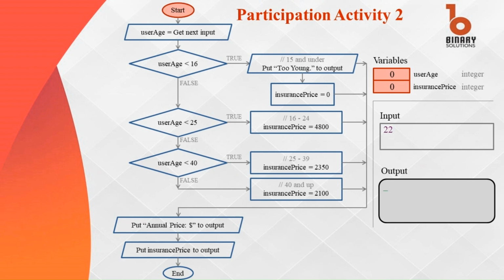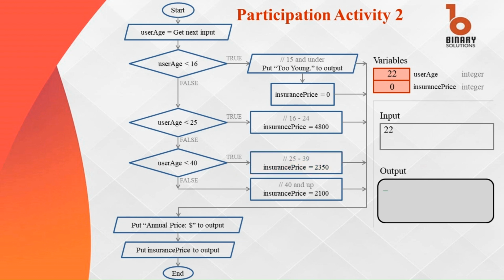The process begins by obtaining the user's age, user age. If the age is less than 16, the output displays too young with an insurance price of $0. If the age is between 16 and 24, the insurance price is set to $4,800. For ages between 25 and 39, the price is reduced to $2,350.